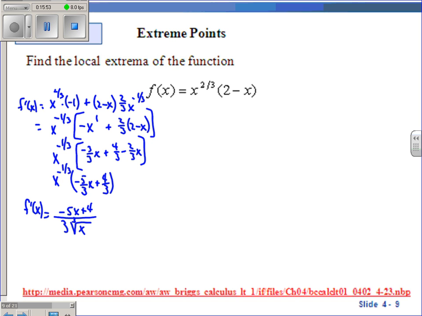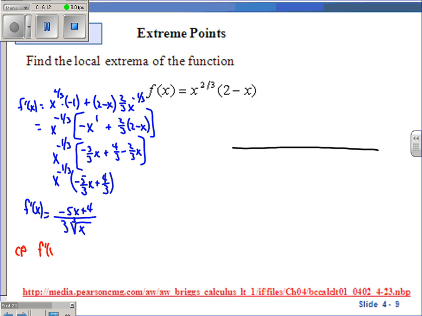Okay, so now we need our critical points. Those are the numbers that go on our number line. So label our critical points. The critical points are what makes the numerator 0, which is where the derivative is 0.